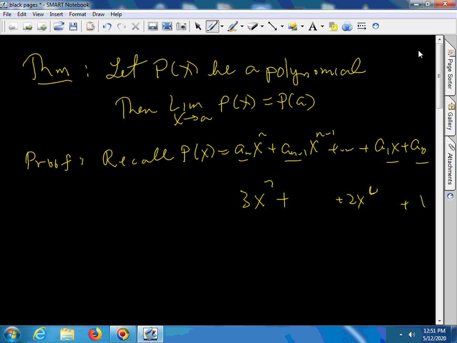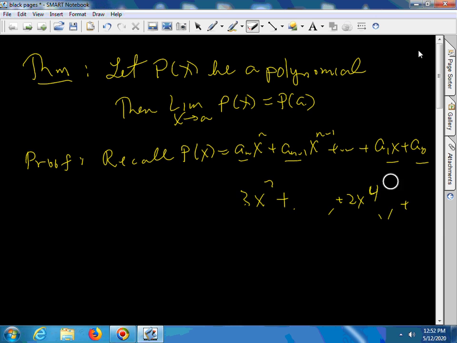Oh, I meant to say like x to the 4th. In other words, we have some terms missing. We have 0x to the 6th plus 0x to the 5th, plus 0x cubed plus 0x squared plus 0x. These are all zeros. They're just placeholders if you wanted to insert them. But nonetheless, it's still a polynomial.